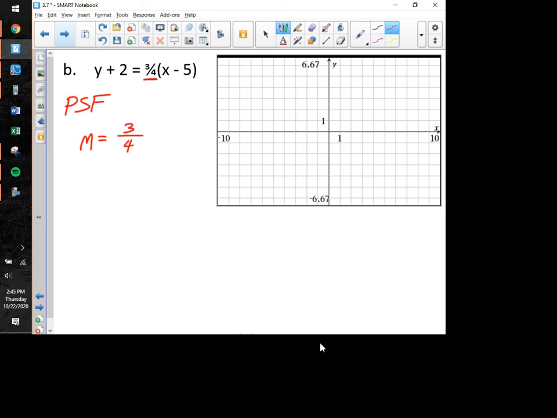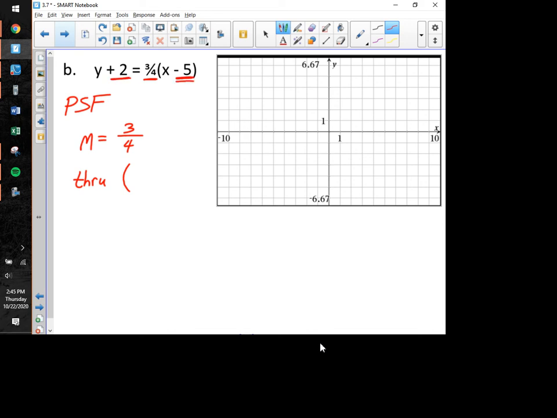The other thing that we can learn from point-slope form is a point that the line passes through. Now, it's not a special point like the y-intercept was. It's just a random point. And that ordered pair comes, and this is a little tricky now, by taking the opposite of this number here and the opposite of this number here.